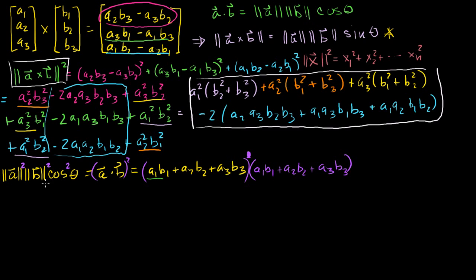So you get a1 squared b1 squared plus this guy times this guy plus a1 a2 times b1 b2 plus this guy times that guy plus a1 a3 times b1 b3.